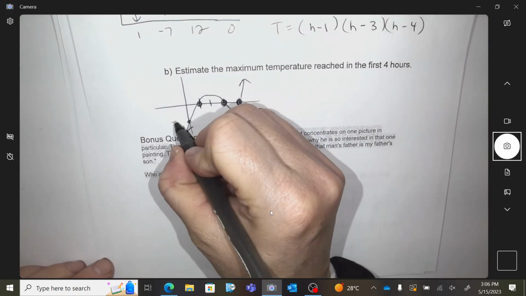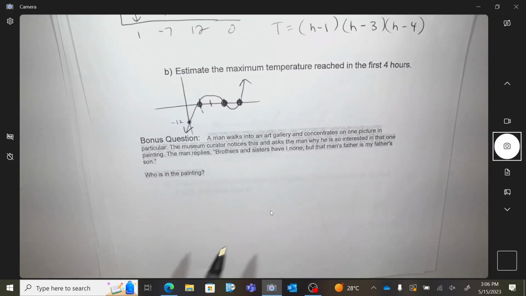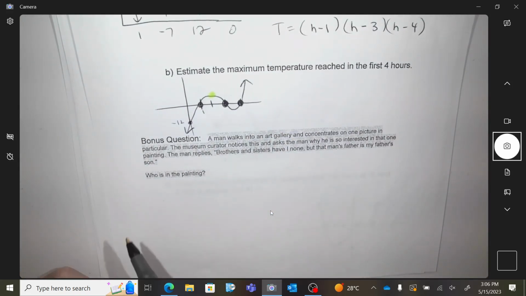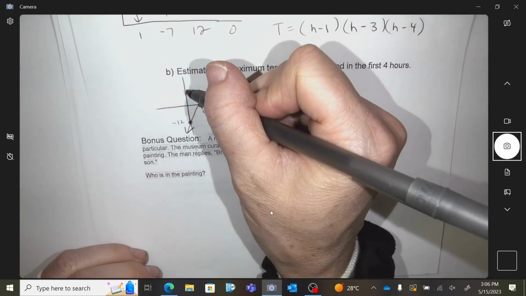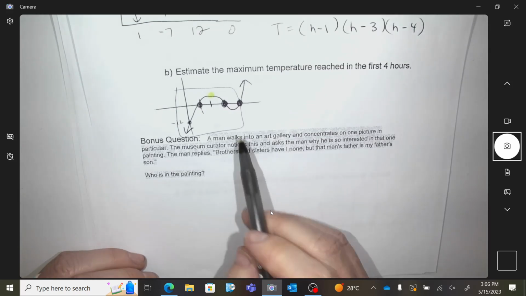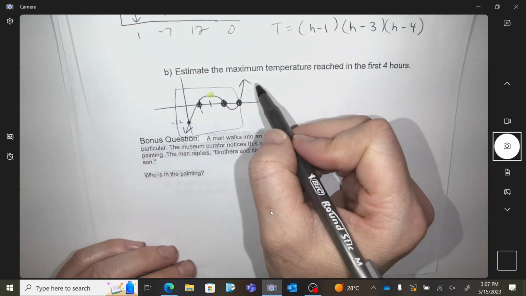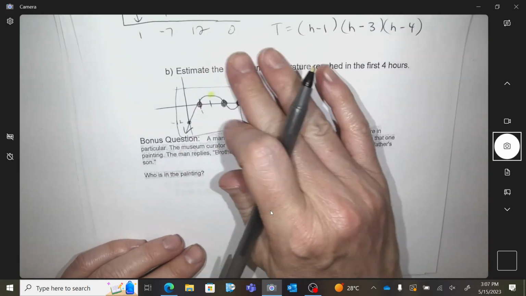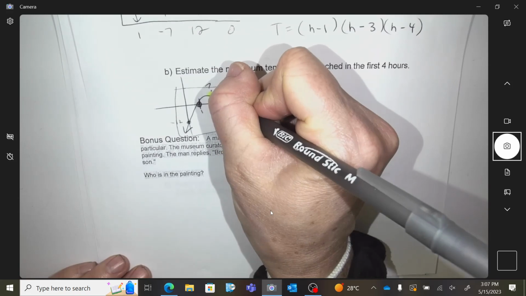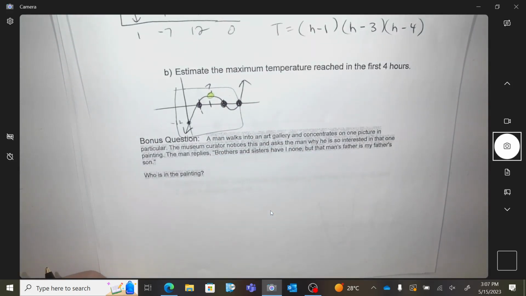Okay. This is what it looks like, but I'm saying what is the highest the temperature goes in the first 4 hours? So looking at this, I don't look at this because this is after the 4th hour. So forget that. So what is the max? How do you estimate that?